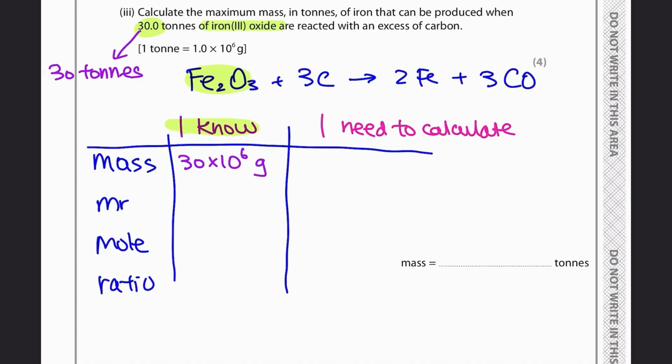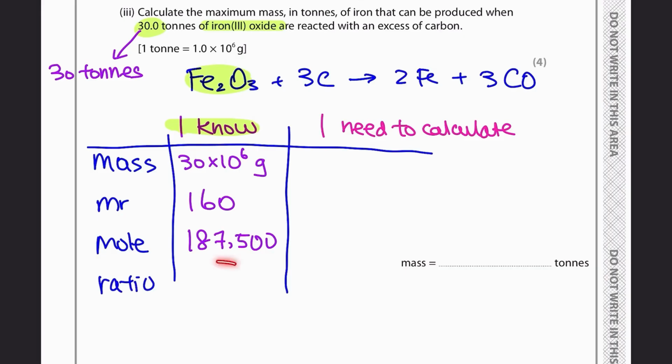And then the Mr, or the molar mass of iron oxide, which is this one here, that would be 2 of iron plus 3 of oxygen. You need to find that information in the periodic table and add it up. So 2 times iron plus 3 times oxygen, and that should be 160. Then you do your calculation for mole, which is just mass divided by 160, mass over molar mass. And that should give you 187,500.